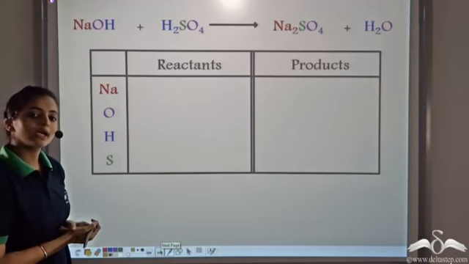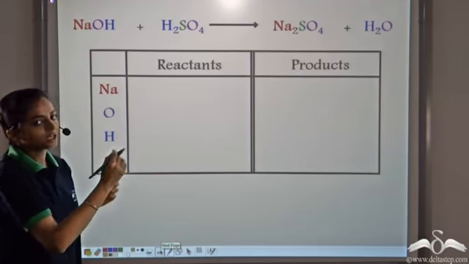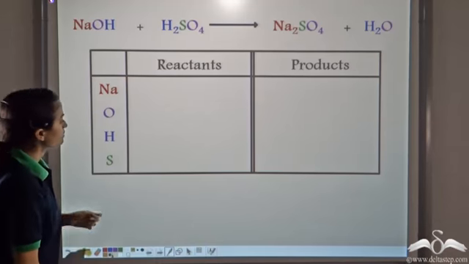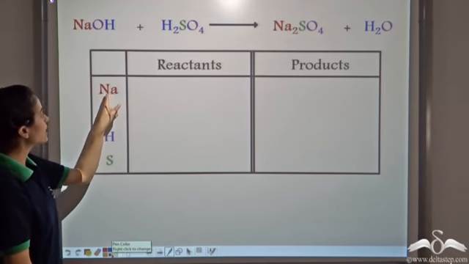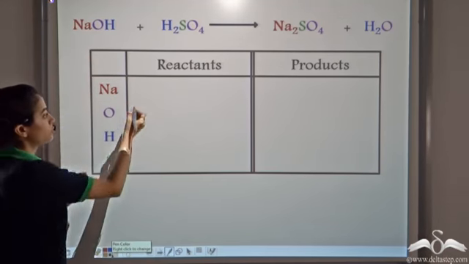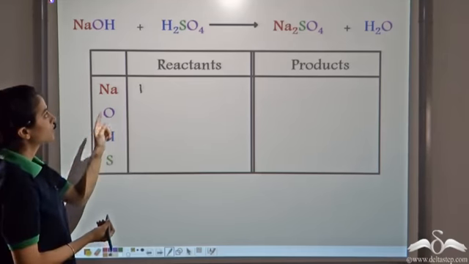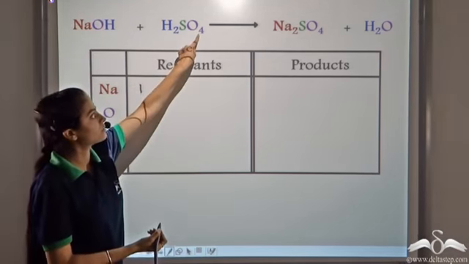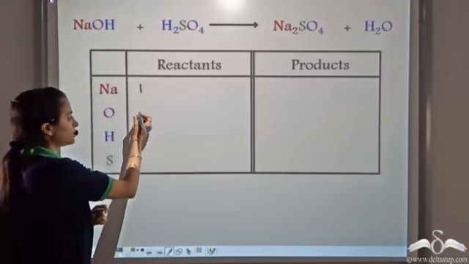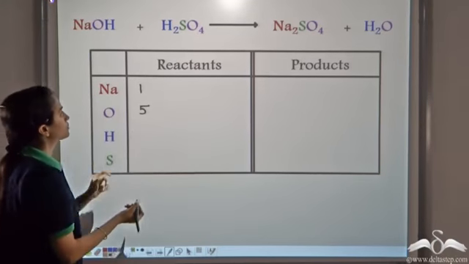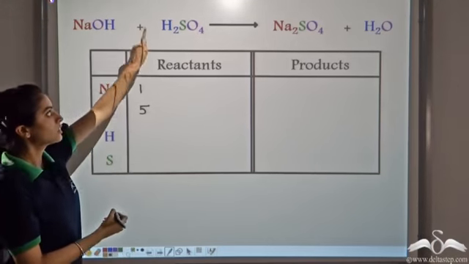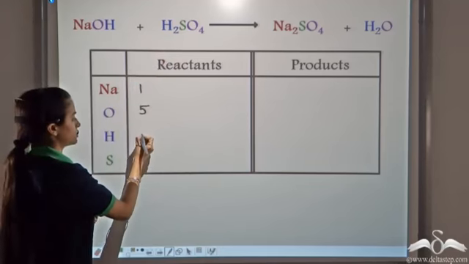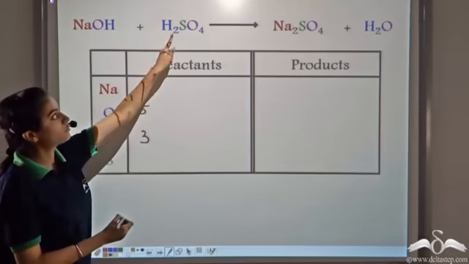So now let's look at the atoms on the reactant side and on the product side. Let's count on the reactant side. We have 1 atom of sodium, we have 1 atom of oxygen here and 4 atoms here. So overall we have 5 atoms of oxygen. Hydrogen we have 1 plus 2, which is 3, and sulfur we have 1.